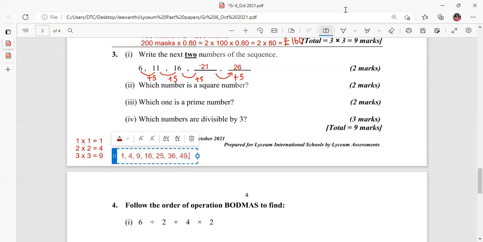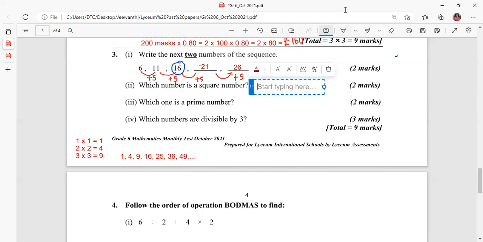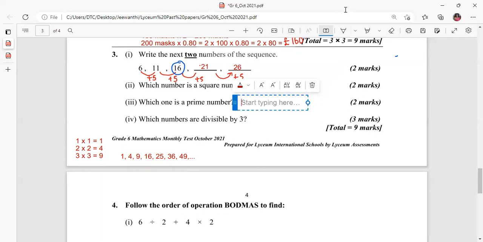Out of these, now again you go to the sequence here. What is the square number you can find? 16 is the square number you can find here. Which one is a prime number? 11 is the prime number.